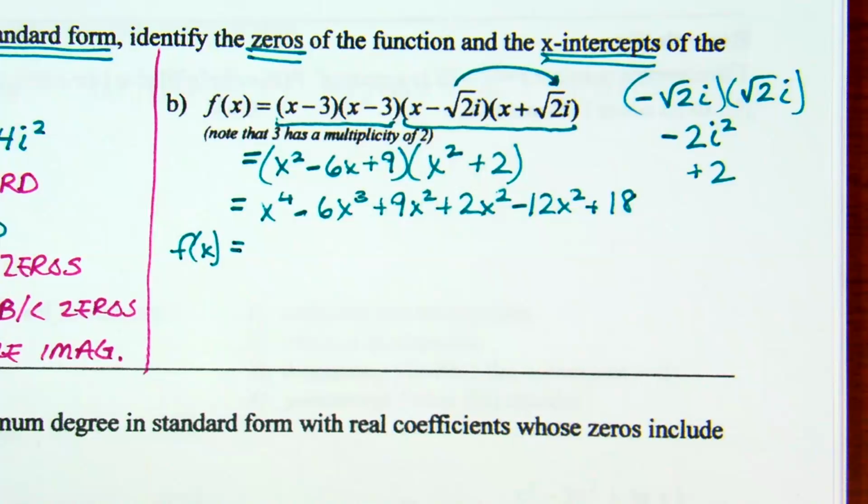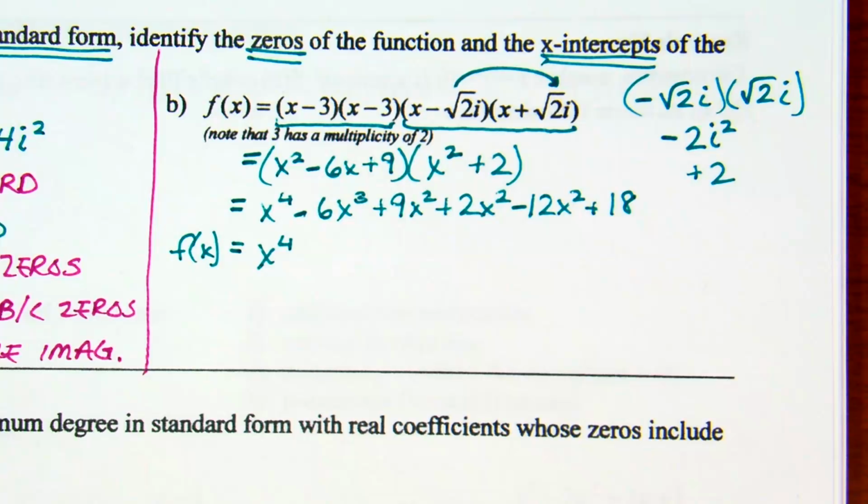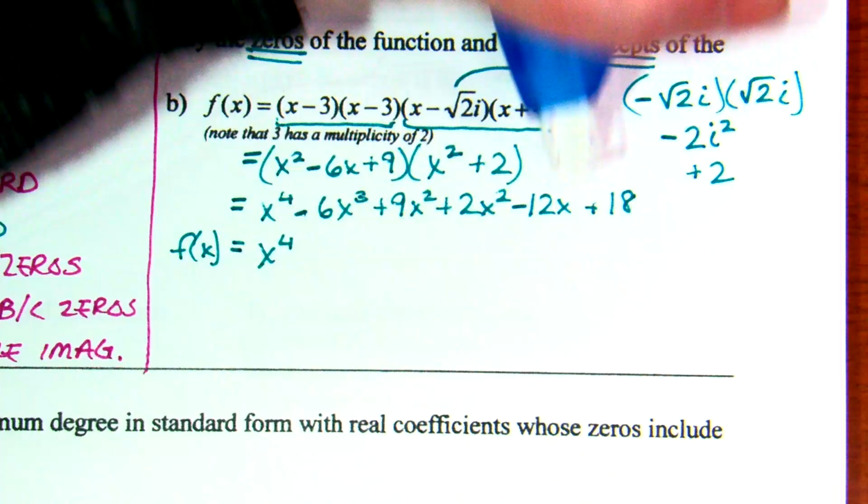Okay, final cleanup step. Yep, combine like terms. x to the fourth is good. Crud. I hope I said it right. I don't know if I have something wrong up here. Did I say x squared? No, you just did it. I just wrote it? Yeah.